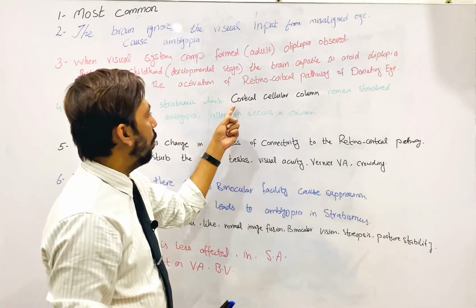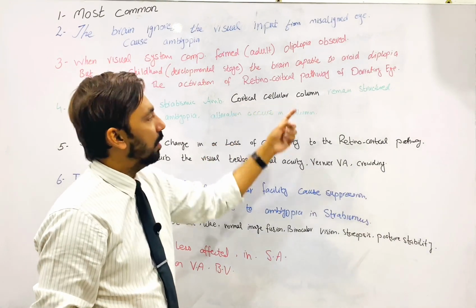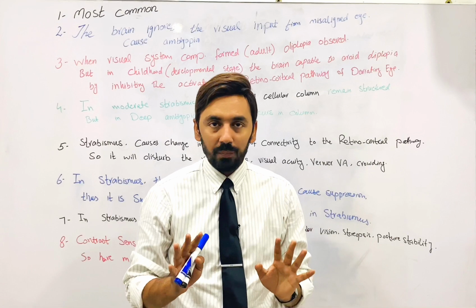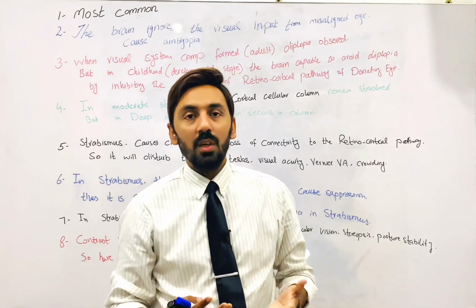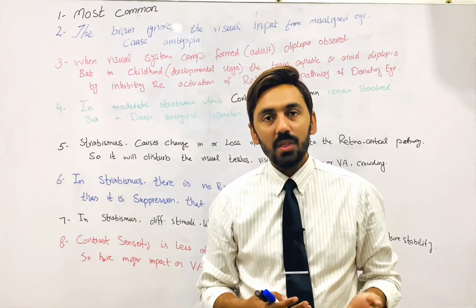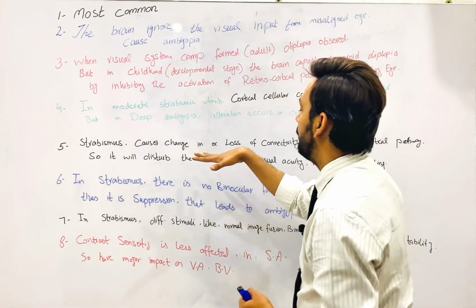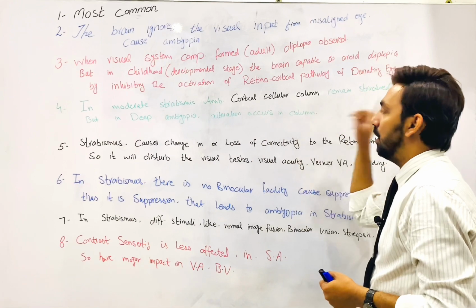Your whole visual system or cortical cellular column will remain structured and safe, but it needs an urgent diagnosis, a rapid diagnosis and rapid treatment as well, right? But in deep amblyopia, alteration will occur in the column, right?